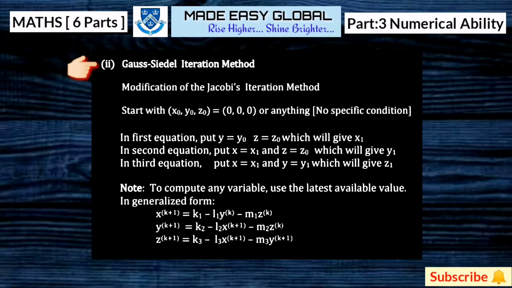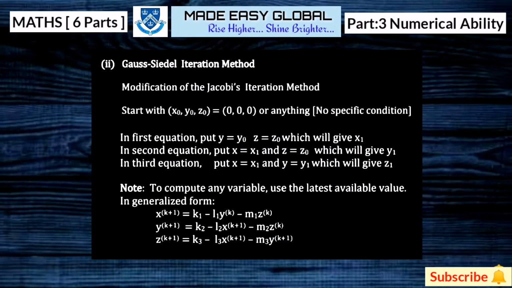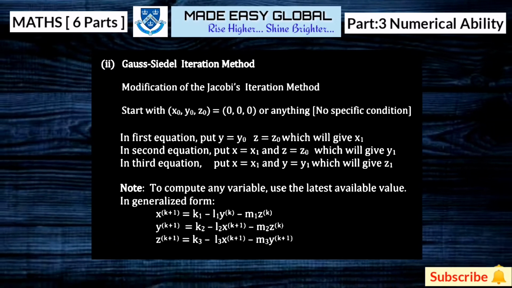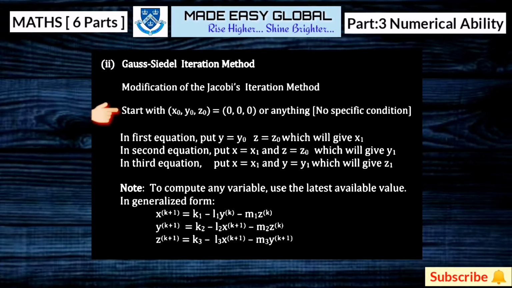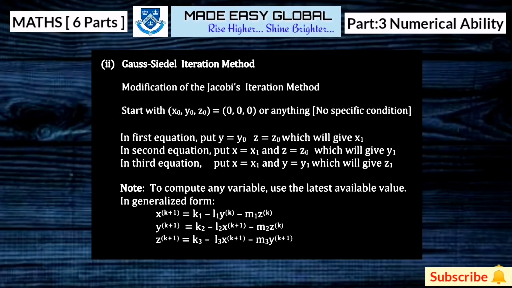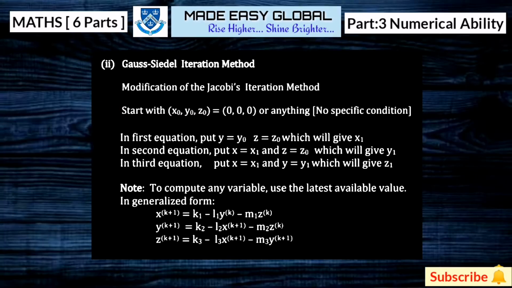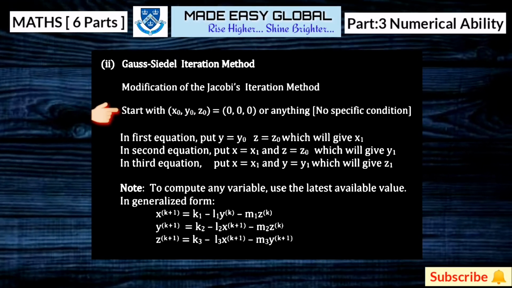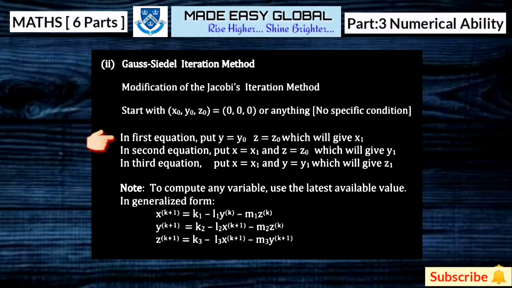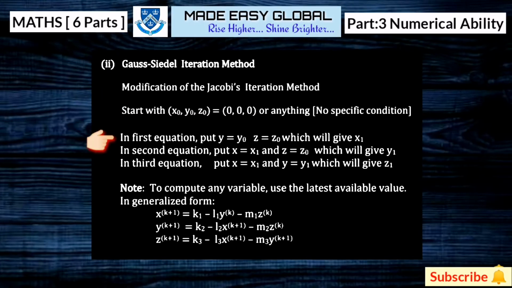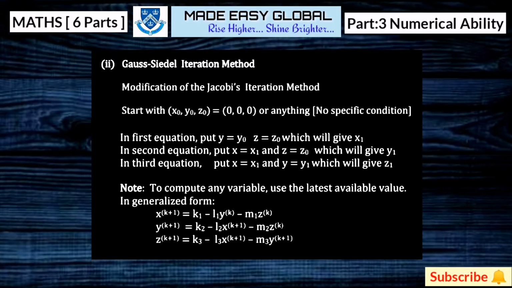Then after, the next method is the Gauss-Seidel iteration method. Here it is the modification of the Jacobi iteration method. It starts with x0, y0, z0 equal to 0, 0, 0 or anything. Here no specific condition. Then in the first equation put y = y0, z = z0, which will give x1.